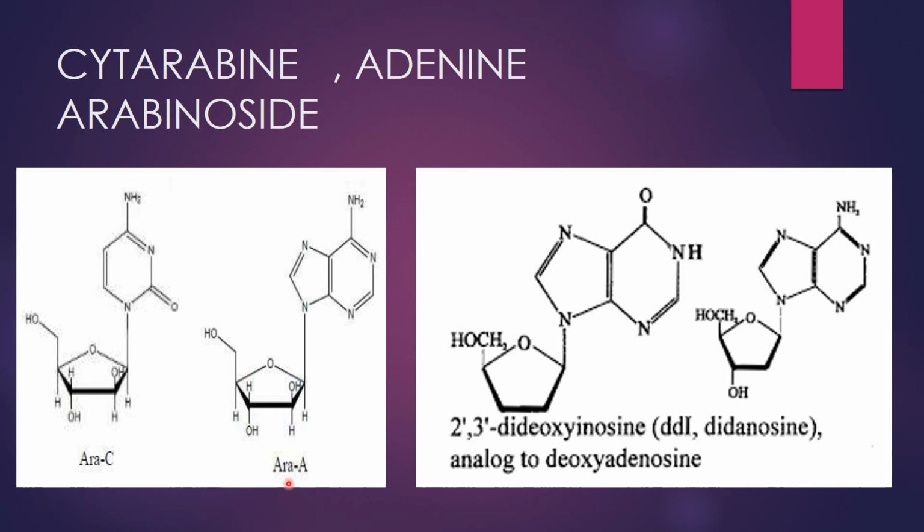And this is Ara-A, which is the adenine substitution. And here dideoxyinosine, it is an analog to deoxyadenosine. So these are the structural analogs which structurally inhibit the substitution of different kinds of purines and pyrimidines.